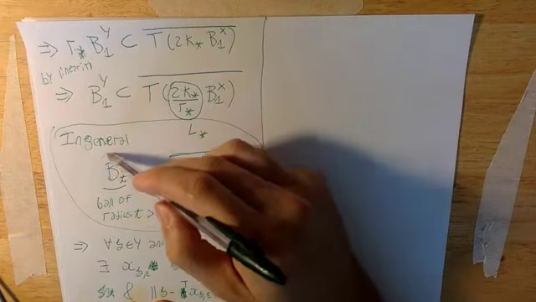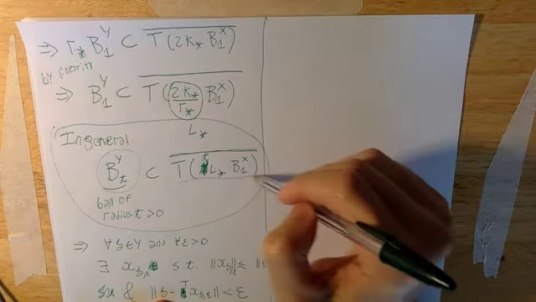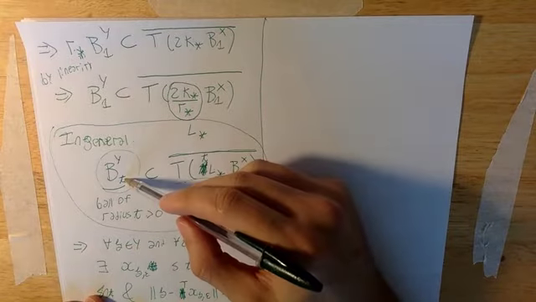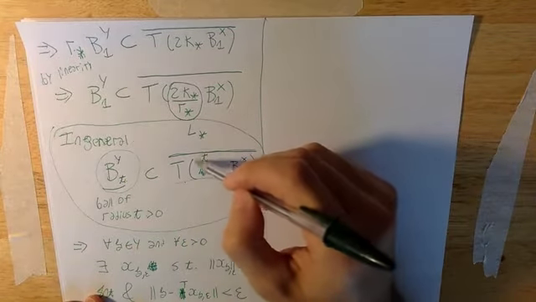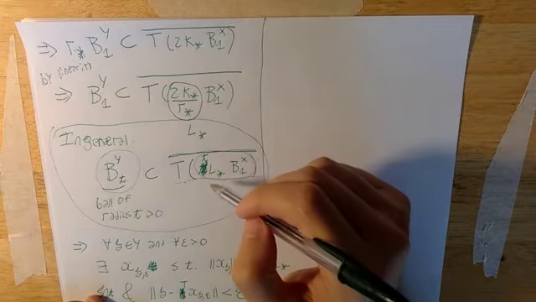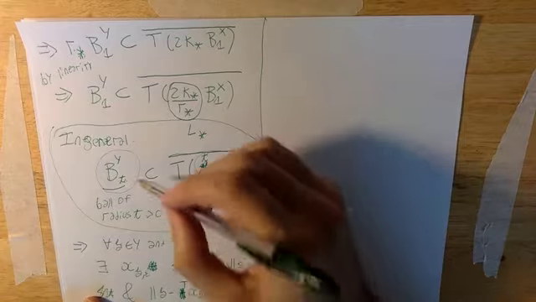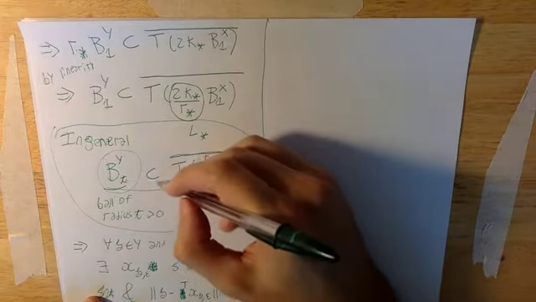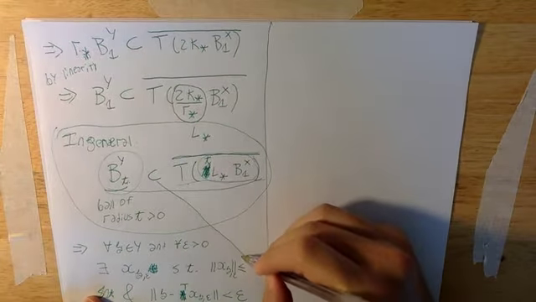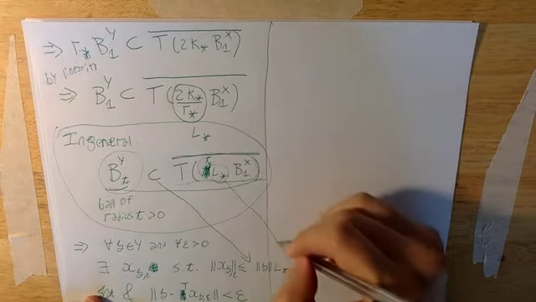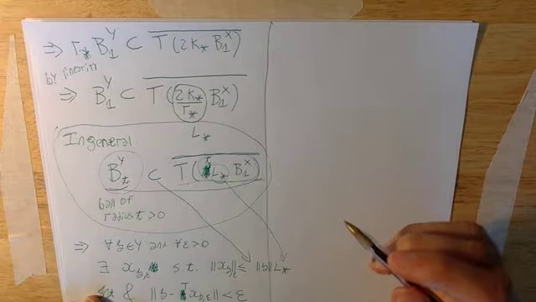If every element here is in the closure of this set, it means that for every element within this ball, I can find an element in this ball which is arbitrarily close. So the main point is to translate this inclusion into this inequality, where this L star is what's coming in there.